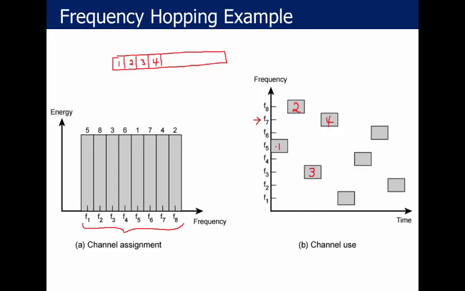We may lose only 4. So it's partial, right? If jamming occurs, for example, at frequencies 3 and 4, it affects only these chipsets. All other chipsets will be fine, right?